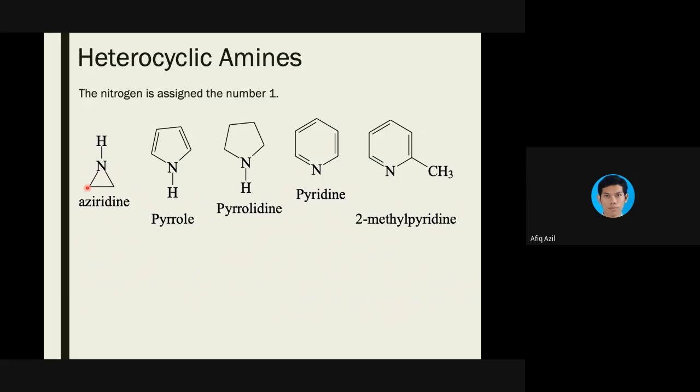This is carbon and carbon; other than the nitrogen itself, whatever is not written corresponds to carbon. The first example is aziridine, then we have pyrrole, then pyrrolidine, then pyridine, and the last example is just 2-methylpyridine. So this is an example of heterocyclic amines.